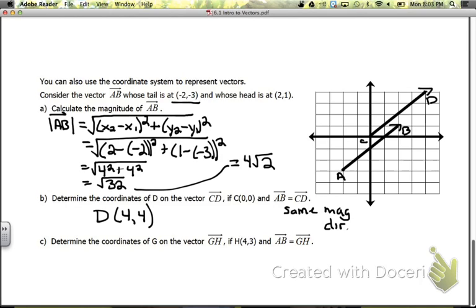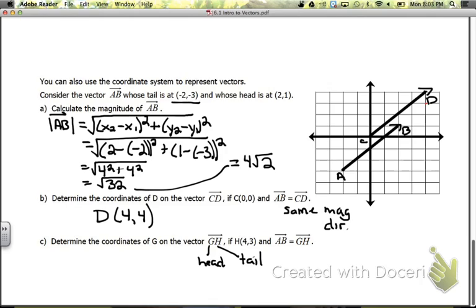Next we want to determine the coordinates of G on the vector GH. So here G is our head and H is our tail. So we are given H, so H is 4, 3. So let's do this one in a different color so we can see it. Okay, so over 4 up 3.